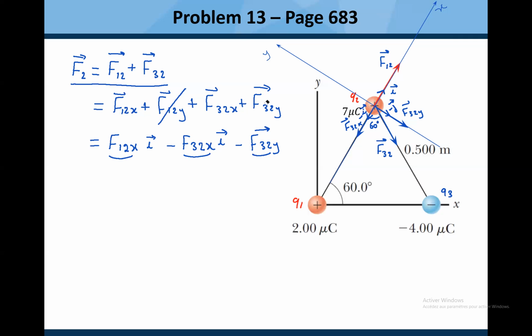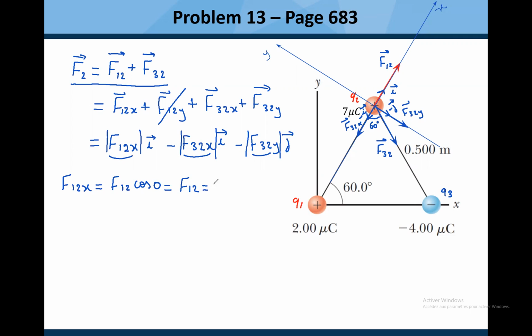Don't forget, these values are absolute values. F12x equals F12 cosine of the angle between F12x and F12, and the angle is equal to 0. So it's equal to F12.